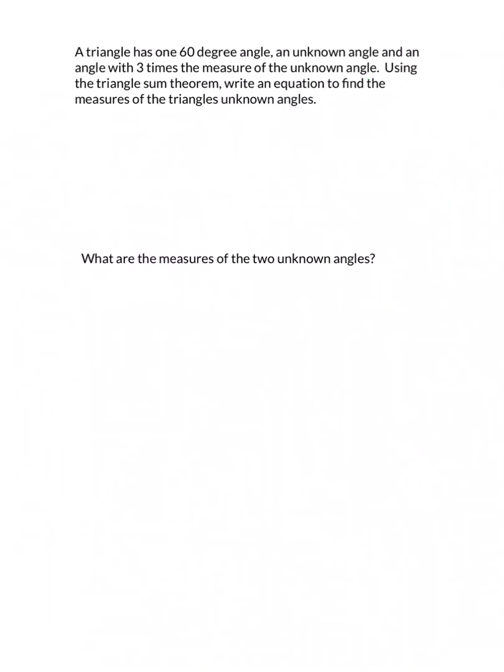Now let's look at this word problem. This word problem states a triangle has one 60-degree angle, an unknown angle, and an angle with 3 times the measure of the unknown angle. Using the triangle sum theorem, write an equation to find the measures of the triangle's unknown angles. So sometimes what I may do is draw myself a picture. Again, it may not be to scale, that's okay. So one angle is 60 degrees.